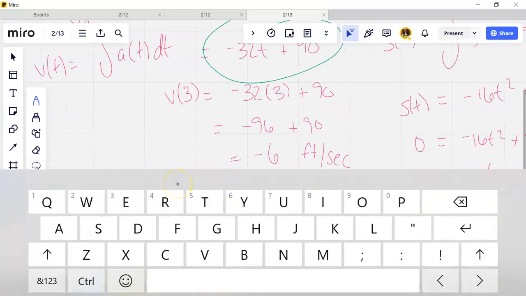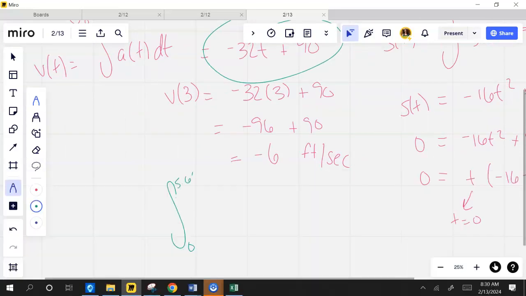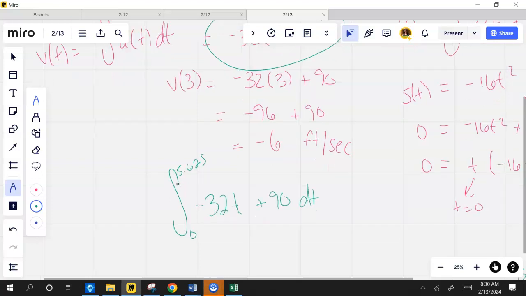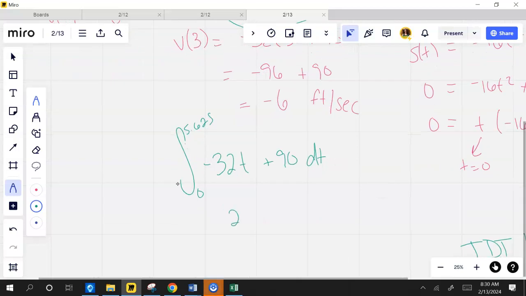0 to 5.625. Was this a calculator problem? Yes, it was. I put this on my calculator for sure. Negative 32t plus 90. Should get 253.125 feet. If y'all need me to do it, tell me. Okay. Yeah, graph it, make sure you can get the same thing.